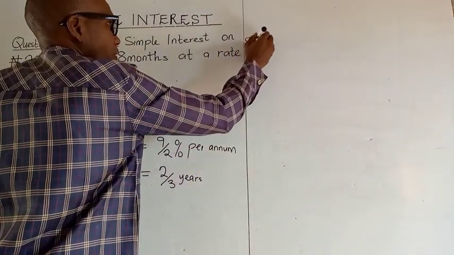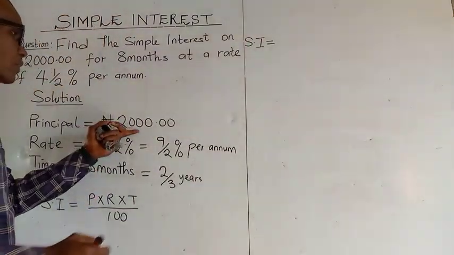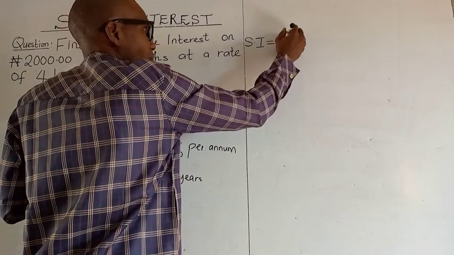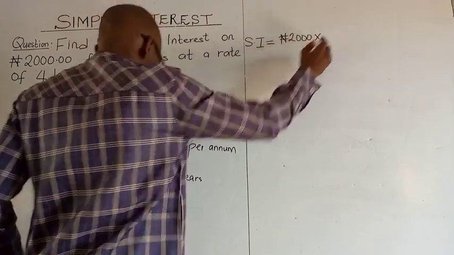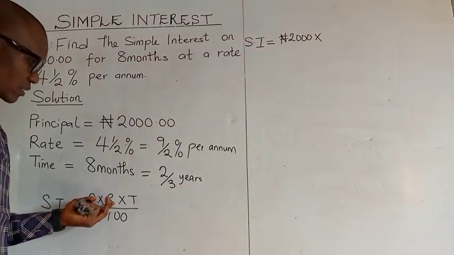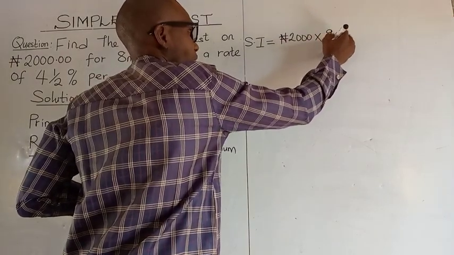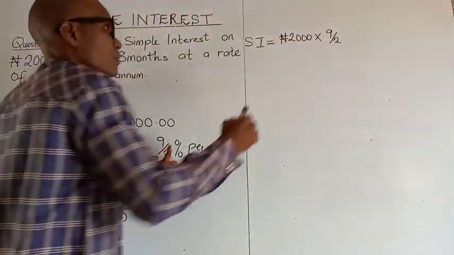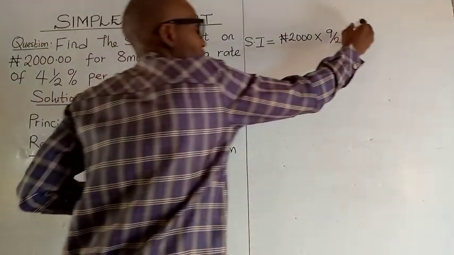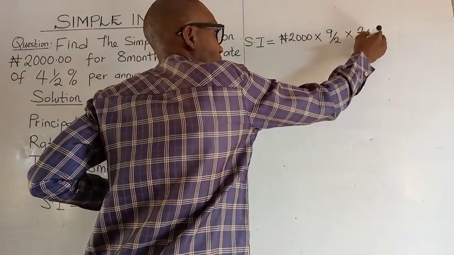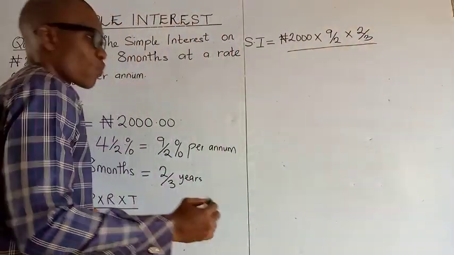The simple interest will now be equal to, the principal is 2,000 naira multiplied by the rate, which is 9 all over 2% multiplied by the time, 2 all over 3, all over 100.